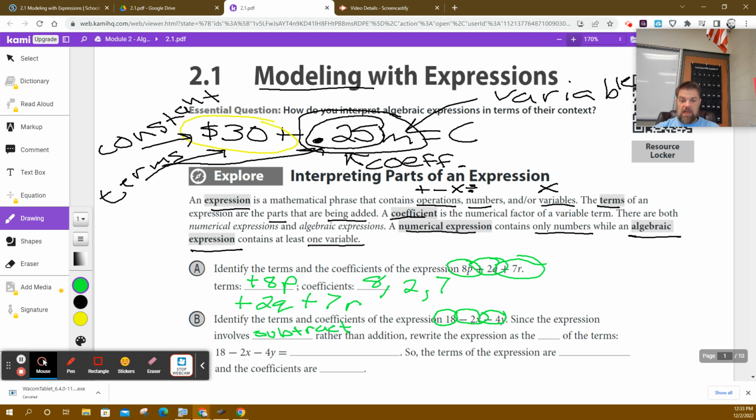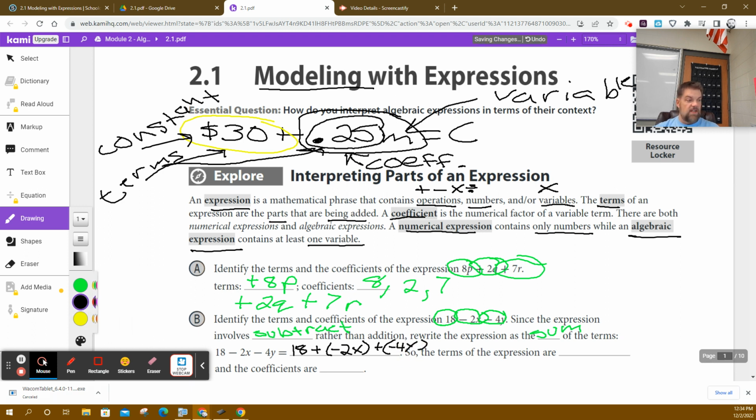Then it's easier to rewrite this as the sum of terms. So what does that mean to rewrite it as a sum of terms? Well, I can think of it like this: 18 plus negative 2x plus negative 4y.